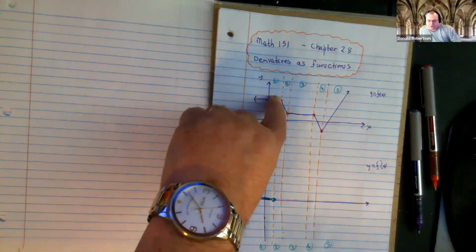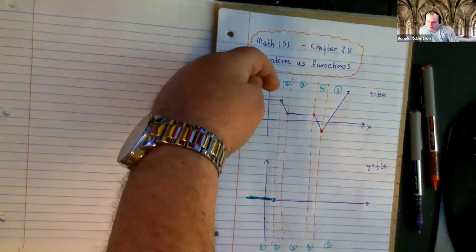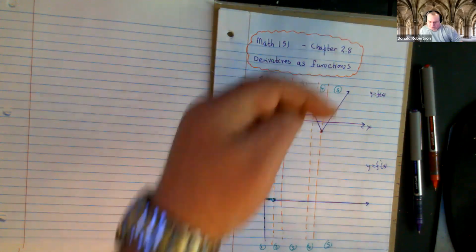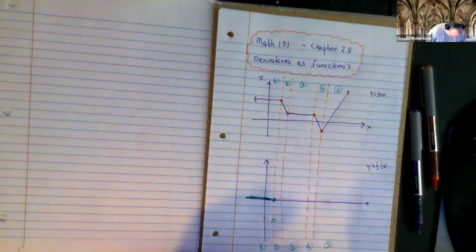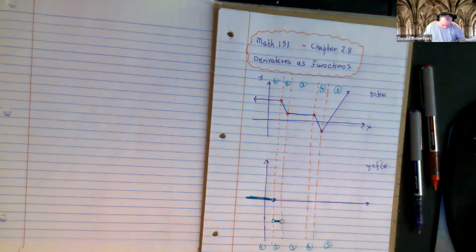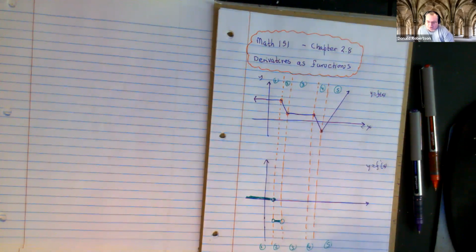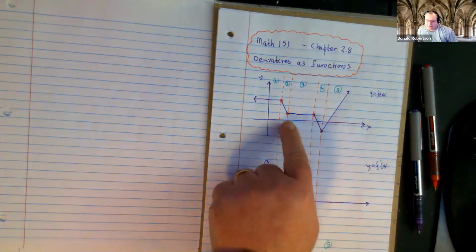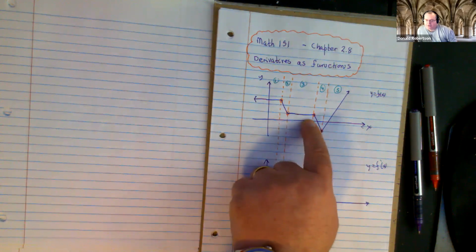Now in region 2, the line is sloping downwards. So every point on that line has a tangent line pointing down the way, which means it's a fixed number, but it's negative, below the x-axis. And so it's going to be this guy. What about region 3 then? What will the derivative be in region 3? Any takers?